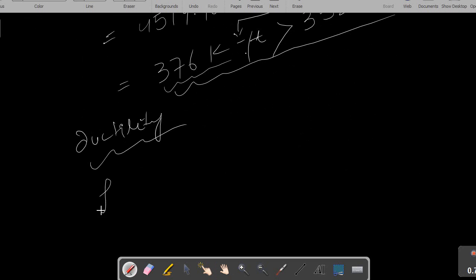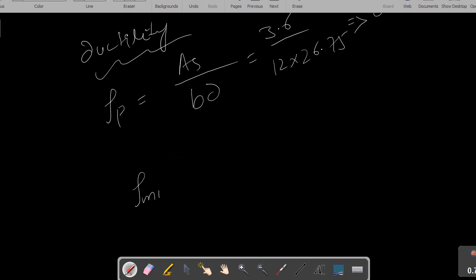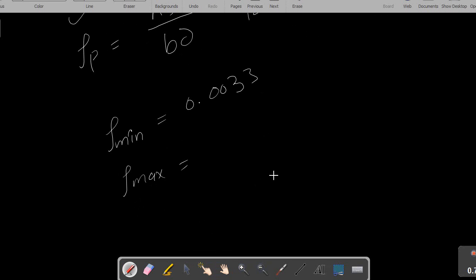For ductility we will calculate rho provided. Rho provided is the area of steel divided by bd. Area of steel is 3.6 divided by 12 times 26.75. I got 0.0112. I have already calculated rho minimum, which is 0.0033, and rho max, which I already calculated in case 1, is 0.0135.